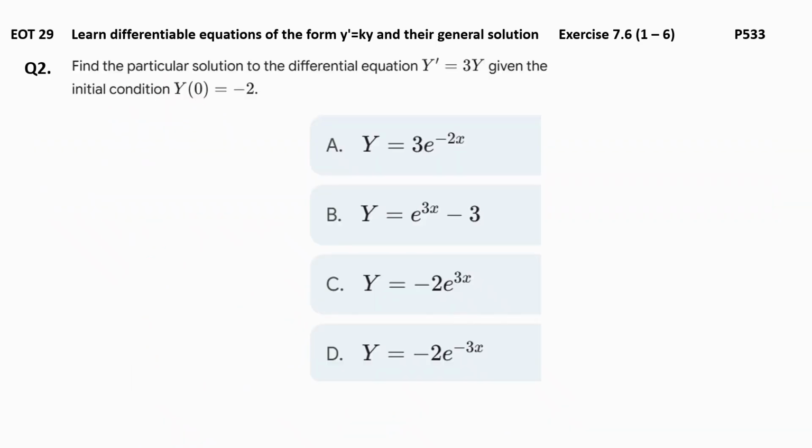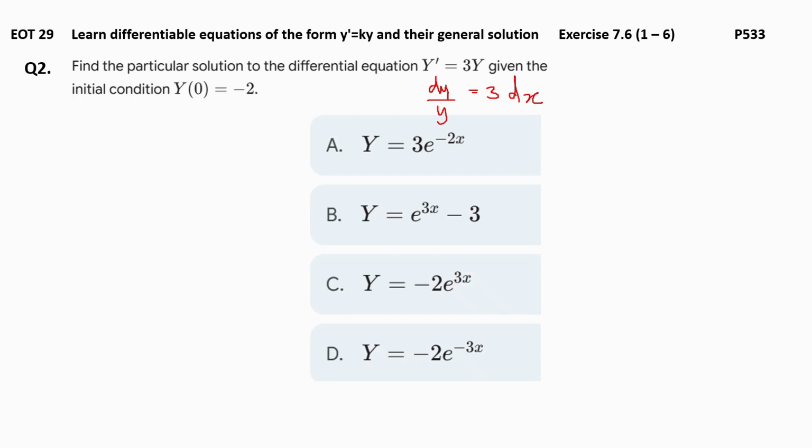Let's try out question number 2. Whenever you see y prime, that is the dy by dx concept, so hereafter to make it faster, you can bring y to the other side, so it becomes dy by y, that's equal to 3dx. If you can skip the first step, that's also fine, as you are handling multiple choice.